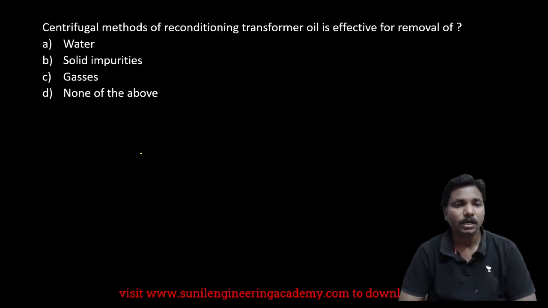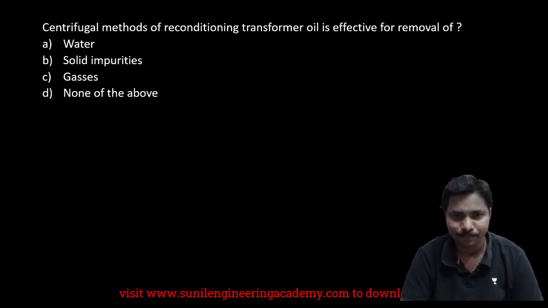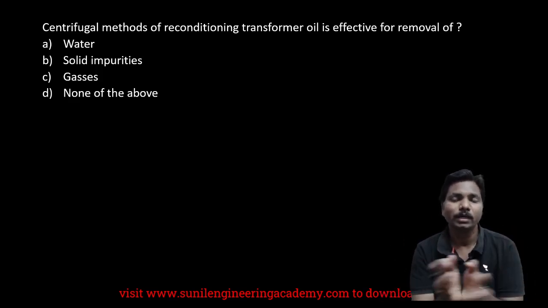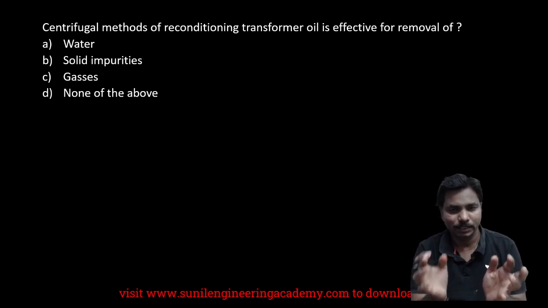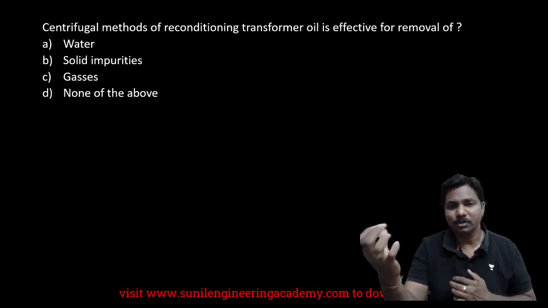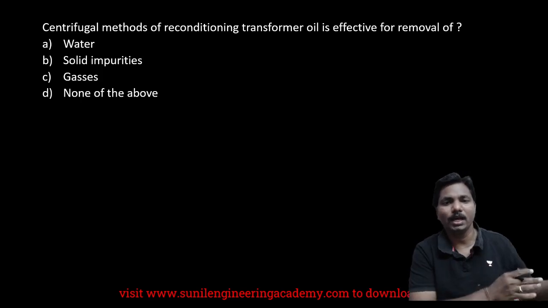Coming to the next question: centrifugal methods of reconditioning transformer oil is effective for removal of dash. For example, if the transformer oil forms sludge, then it becomes a thick liquid and cannot absorb the heat very well. In that case, generally we have to change the oil.